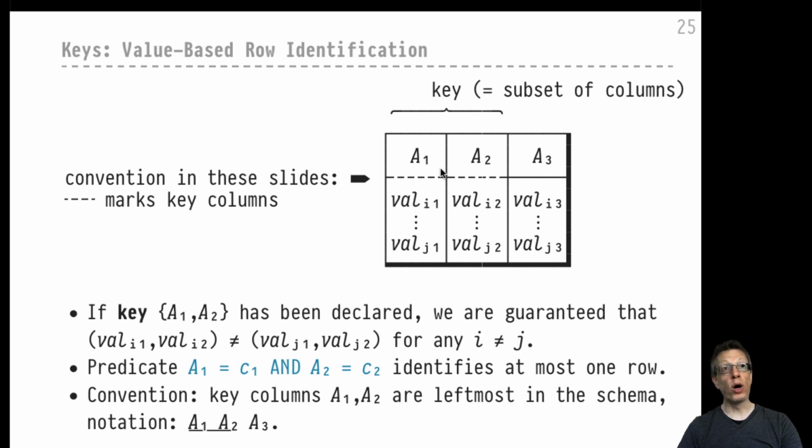Actually, A1 and A3 could be a key in this table. A3 on its own might be a key for this particular table, which would be fine as well, but we will try to follow that convention. For compact notation of table schemas, we will just enumerate the attributes in the table head and then underline the key attributes.